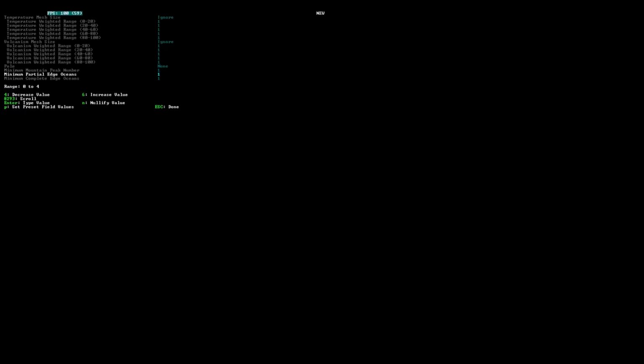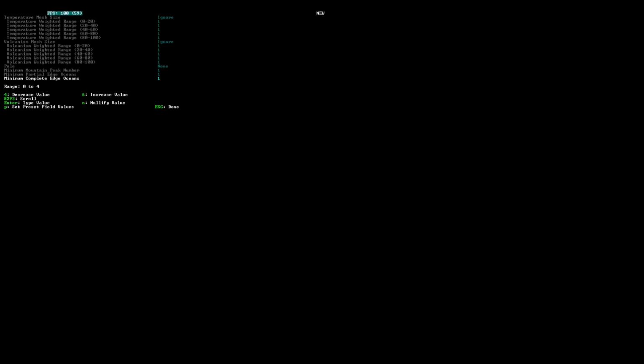All right. Minimum partial edge oceans. The partial edge is how many oceans are touching the edge of the map. So it's saying it needs a minimum of 1 ocean touching the edge of the map. Minimum complete edge oceans is not covering just part of the edge. The complete edge ocean is when it's touching the entire edge of the map.